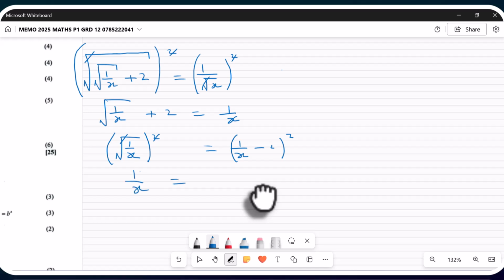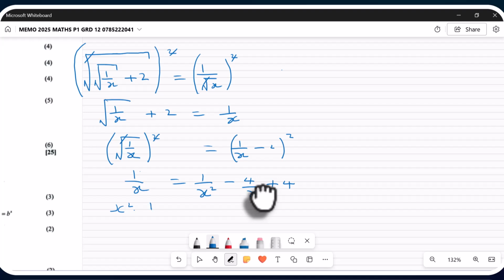Now I can multiply by x squared to remove the variable from the denominator: x squared times 1 over x equals x squared times 1 over x squared, minus x squared times 4 over x, plus 4 times x squared.